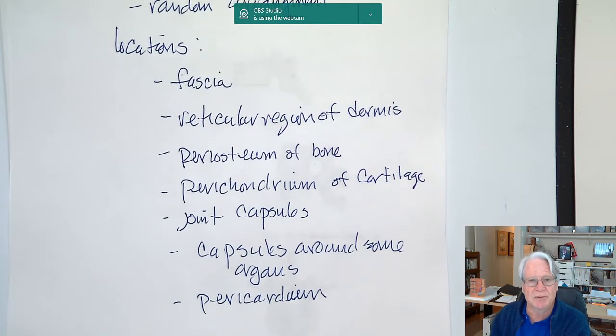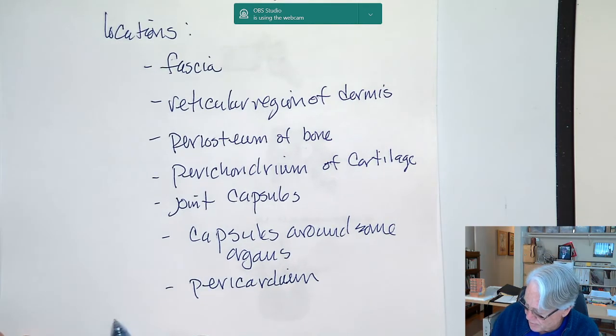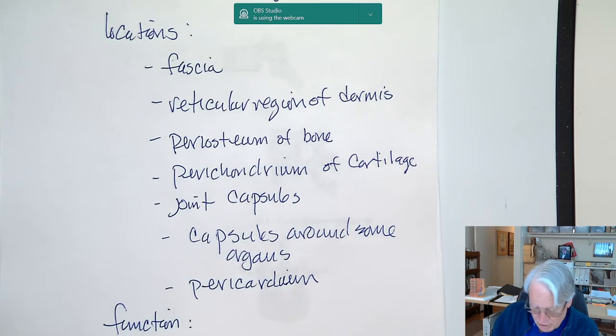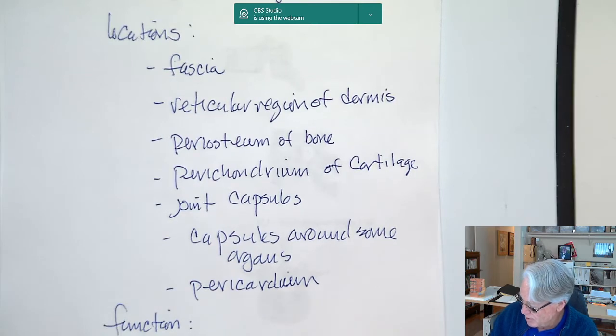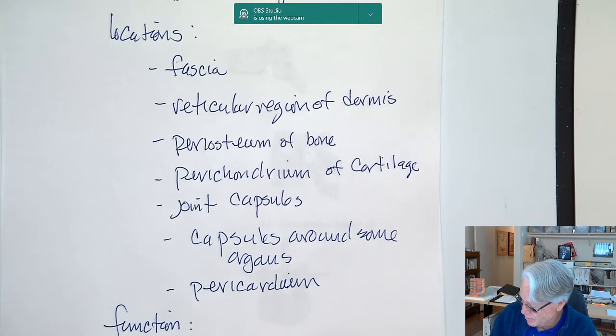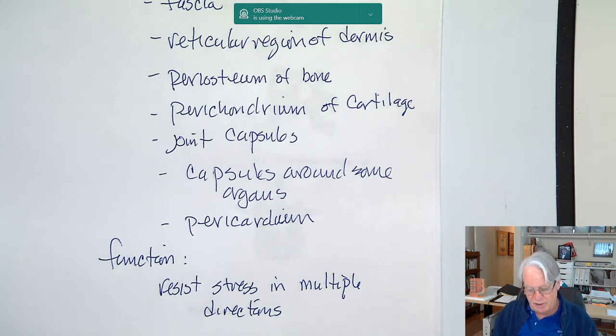Okay, a layer of tissue around the heart. These are all locations. And so we have a function. So we're going to resist stress in multiple directions. So strong attachment, but resisting in multiple directions rather than a single direction for dense irregular connective tissue.